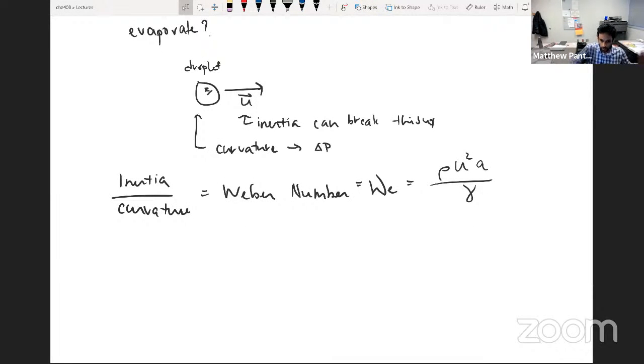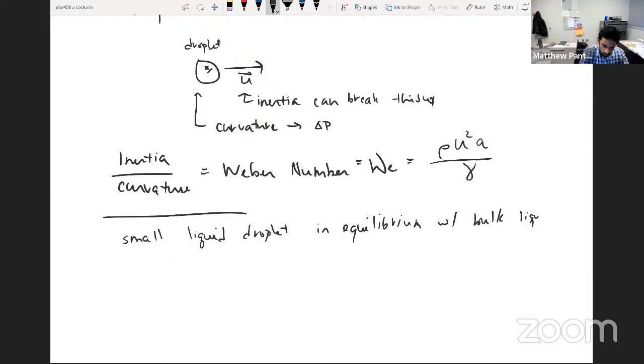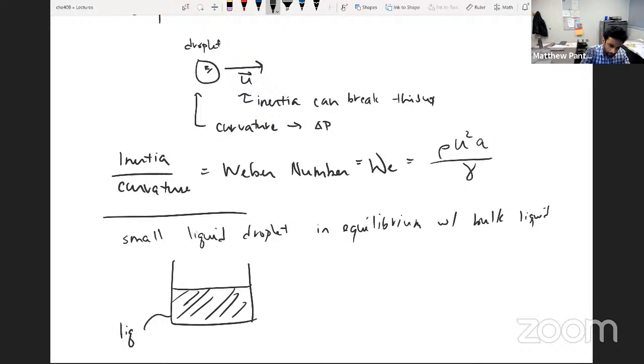So let's consider a small droplet in equilibrium with some liquid. We can think of a container that contains some liquid, and we have some vapor up here because of vapor-liquid equilibrium.